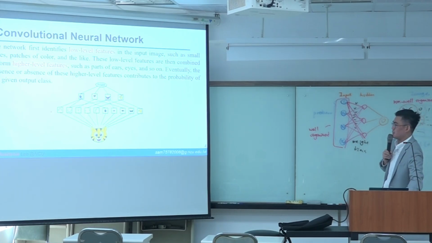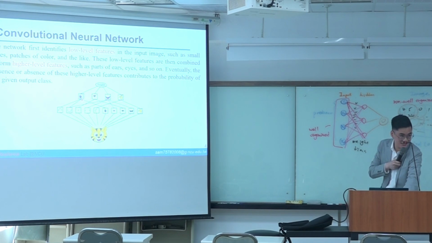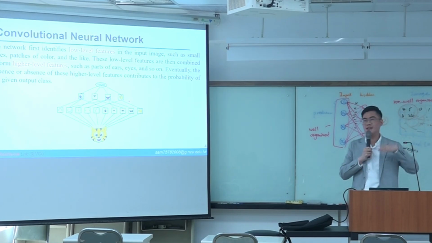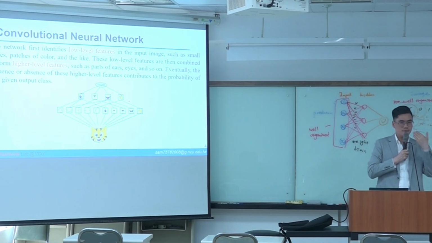And then if you look at the higher level features, all these curves and lines and the circle with the black dot combined together look like an eye, right? Or a mouth, or an ear, the tail. That's a higher level feature. So you can imagine that we look at this item visually and understand that it's a cat.